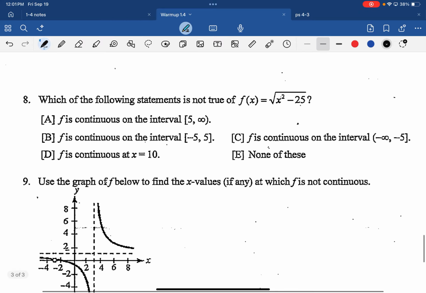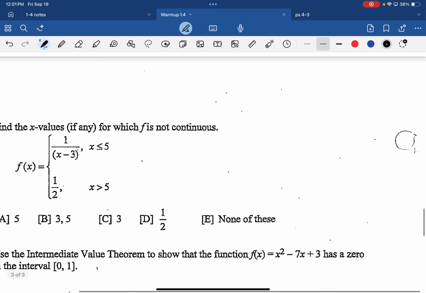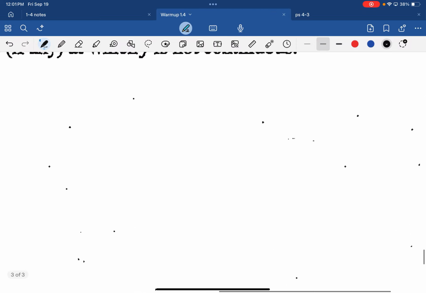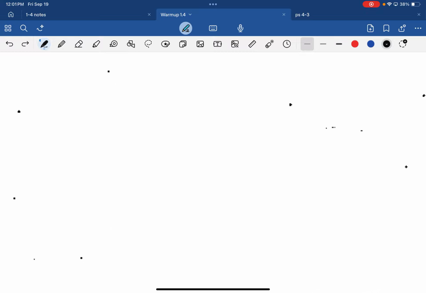Okay, there's another question on homework that I think might be a little tricky, so I want to go over it. I think it's the last question. That one's tricky because it asks you whether there's a discontinuity, but the denominator actually does not factor.